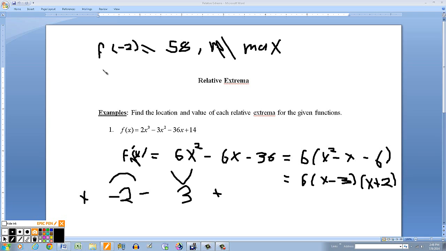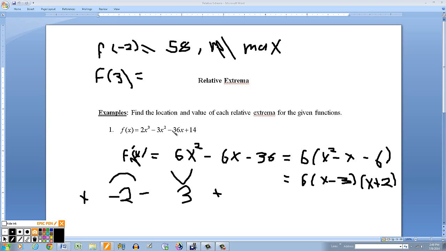Okay, do the same thing at 3. So evaluate the function at f of 3. Again, you can easily do this on your calculator by just using the table on your calculator, or just use the calculate menu and get it from there. But it's basically just plug in 3 where the x is.